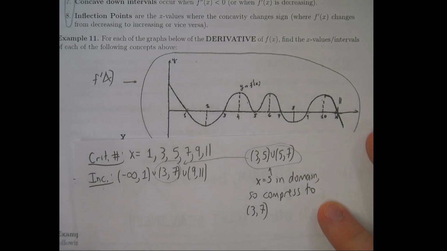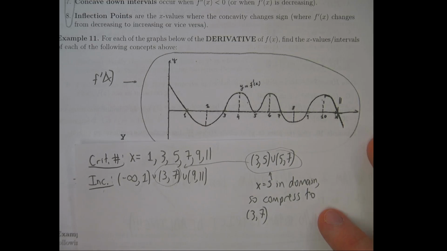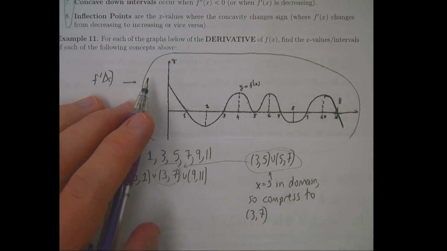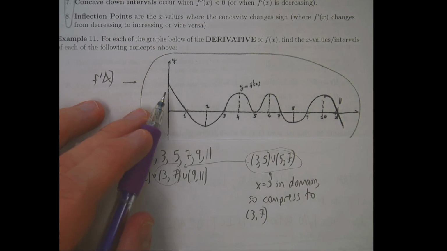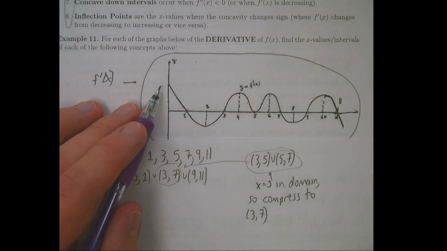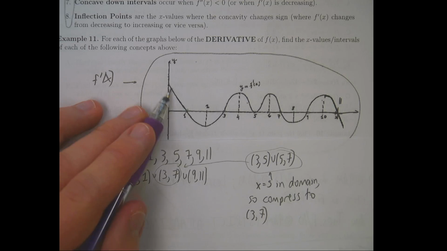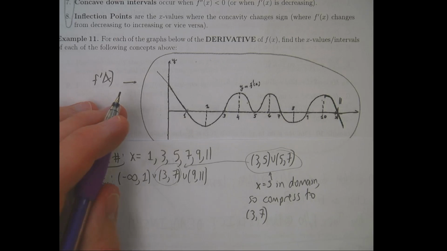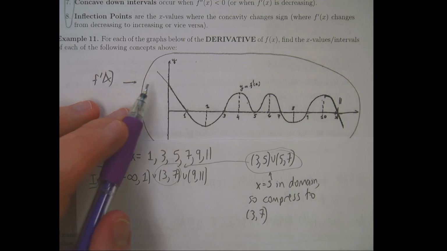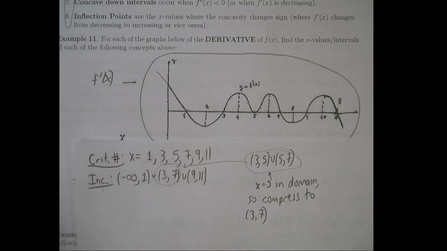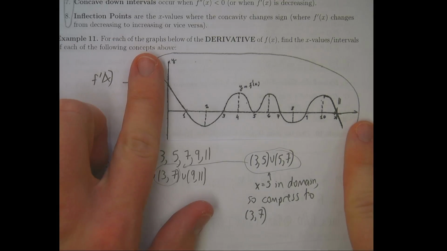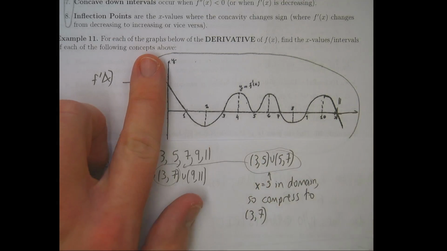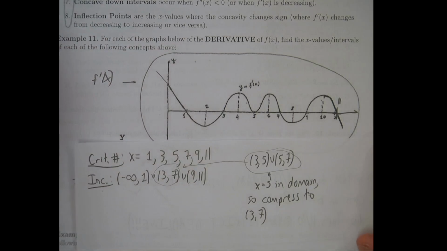How would you know to put negative infinity since the graph doesn't go past 0? If you're not given any information about the graph, you can assume it stretches off to negative infinity. But if the problem explicitly says the graph of the derivative has a domain of, for instance, 0 to infinity, then you can interpret it that way.